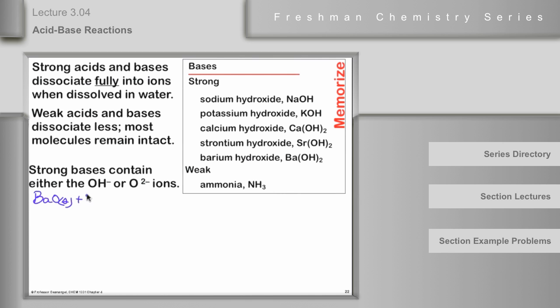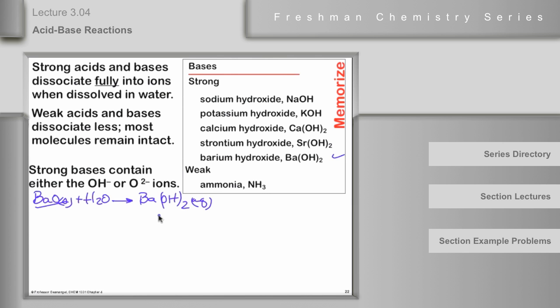If you add it to water solution, you have the oxide ion reacting with the water to give hydroxide. And barium hydroxide is one of the strong bases that we wanted you to learn. So if you run into oxides like this, you can expect them, if they're soluble, to react with water and make hydroxide ion.